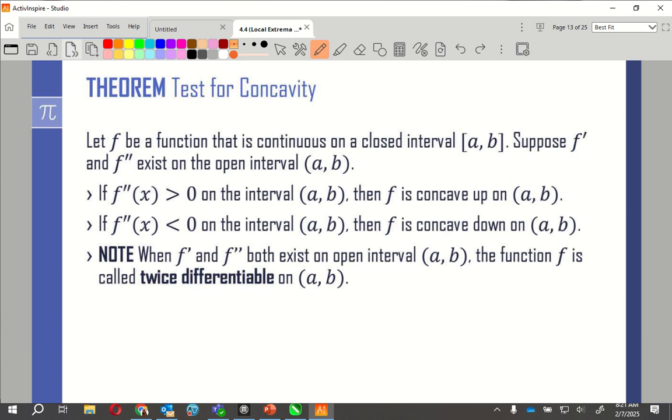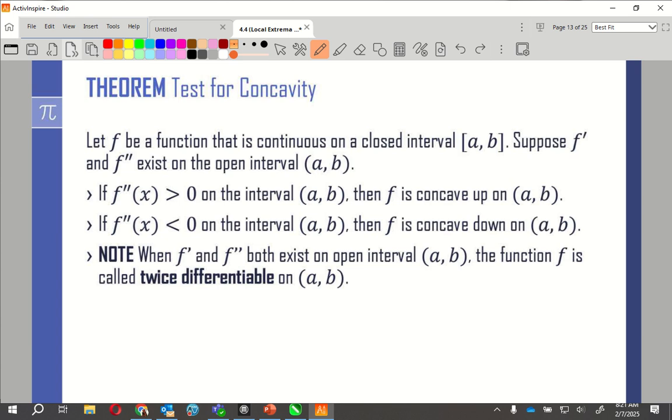Test for concavity. Now we can actually test concavity instead of just plugging into a number line. Let f be a function that is continuous on the closed interval from a to b. Suppose f prime and f double prime exist on the open interval from a to b. If f double prime is positive on the interval, then it's concave up.